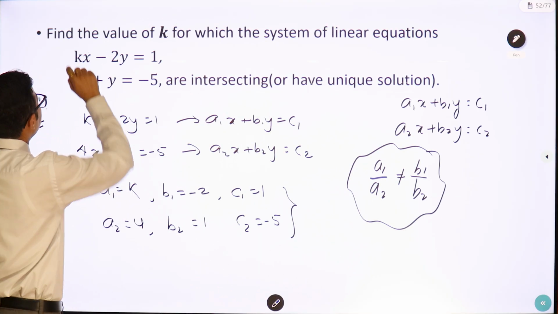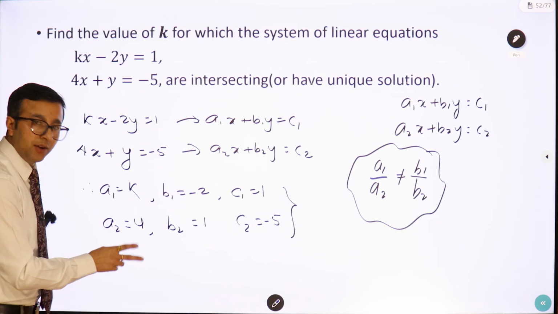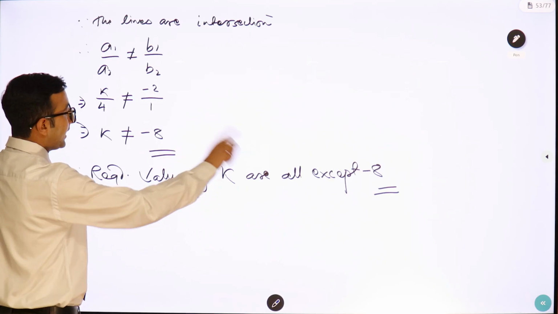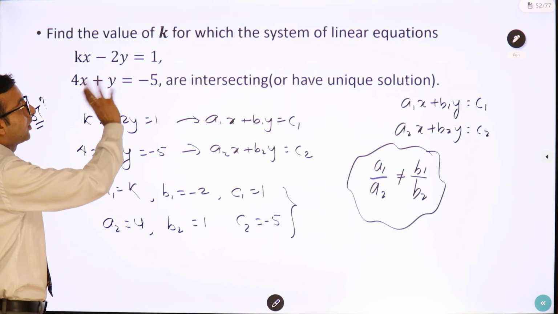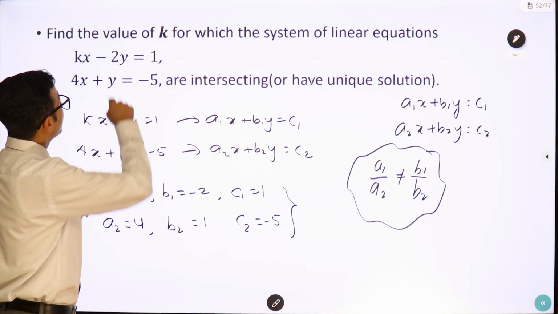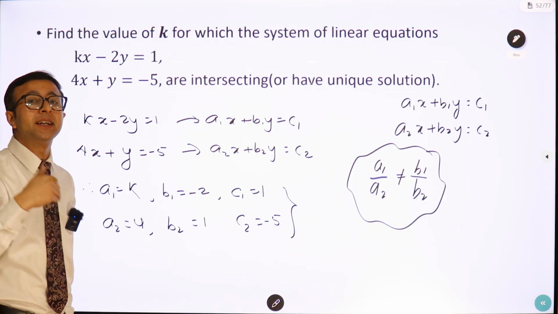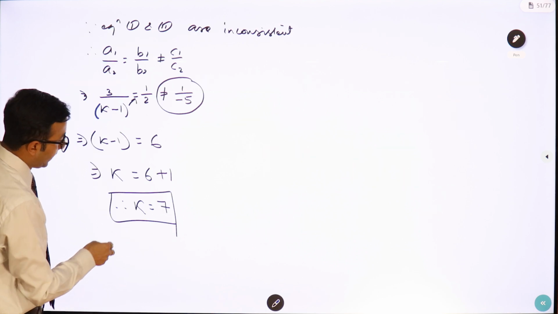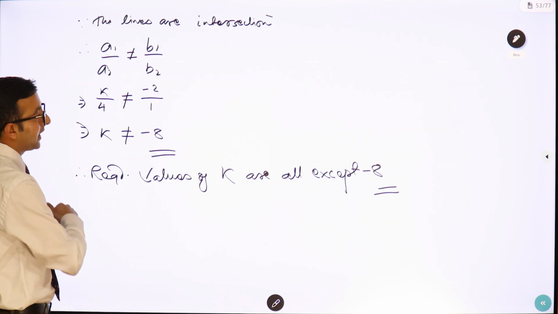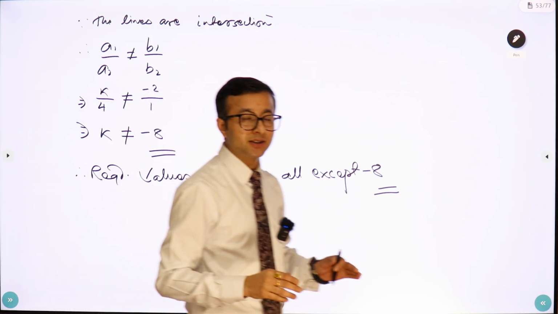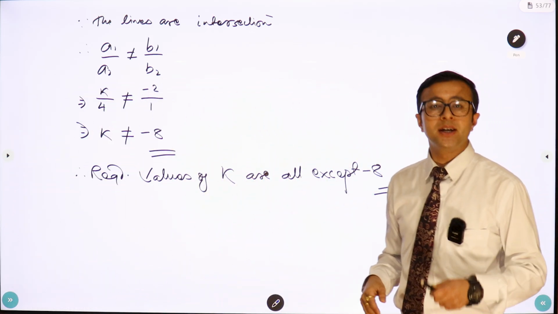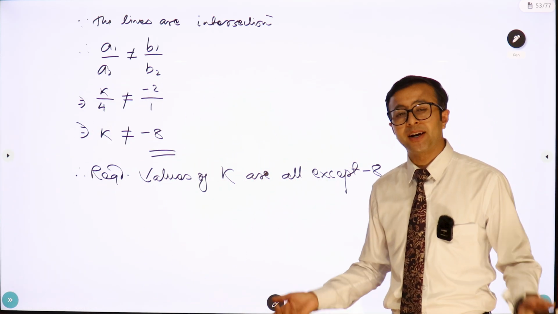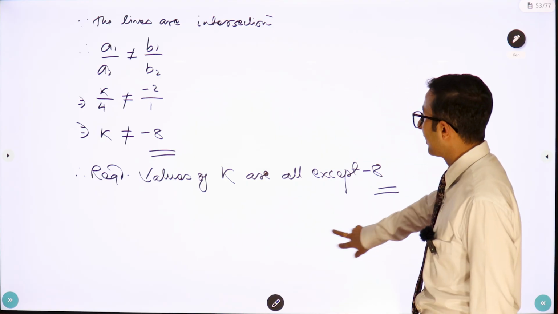If you put the value of k as minus 8, in this case you are not going to get a unique solution. That means these two lines will represent parallel lines when the value of k is minus 8. It's very simple, isn't it? We already have seen this one.